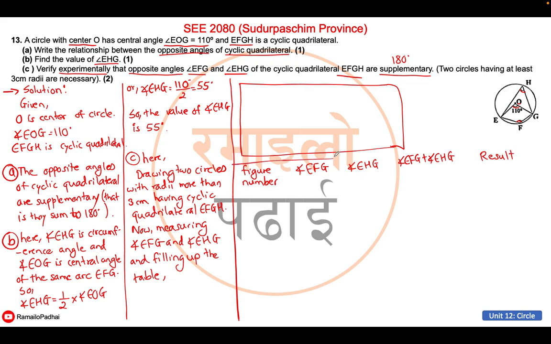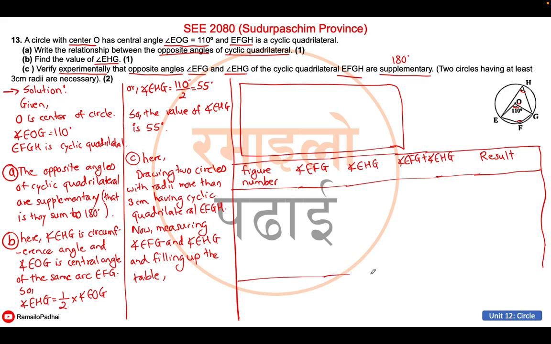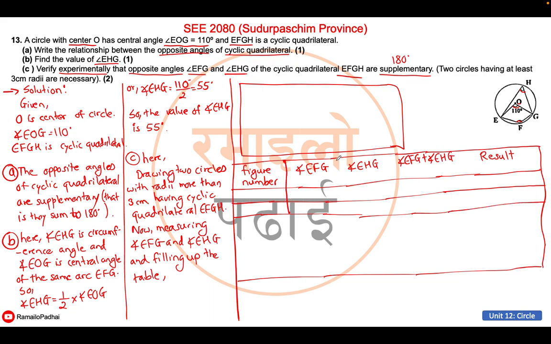Fine. Suppose that this is a straight line. Now we have two figures, so two rows will be fine, and we will put a single cell for the conclusion.